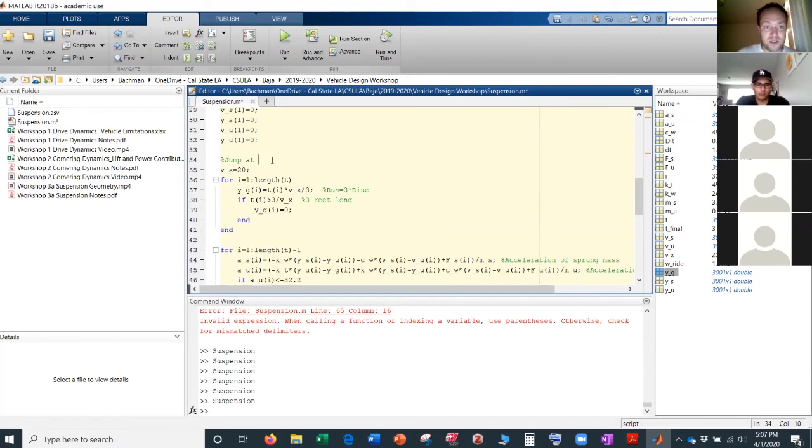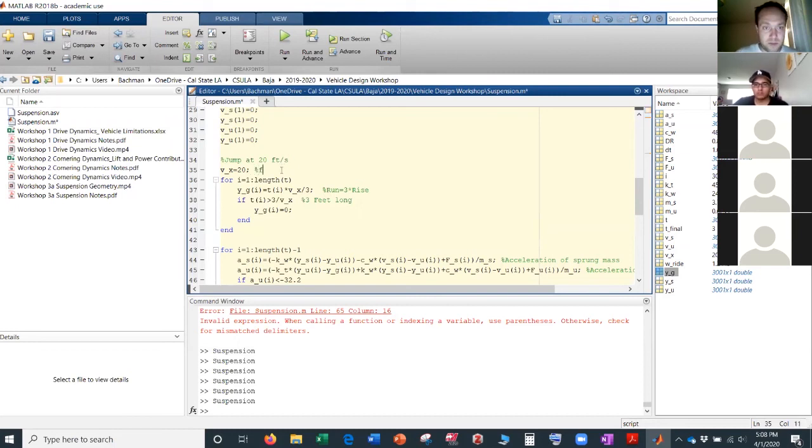So jump at 20 feet per second, which is pretty fast. That's like 25 miles per hour, I think. I forget. Miles per hour is less, so maybe this is like 15 miles per hour.